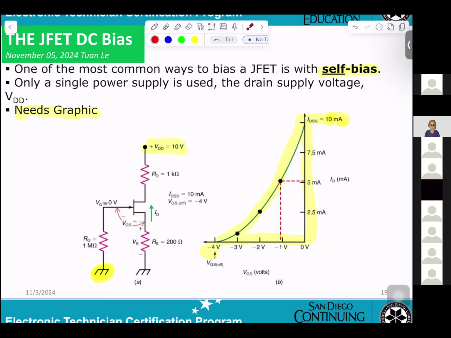Okay. So on that circuitry here, you don't have a power supply applied, no VGG here. And it still works.